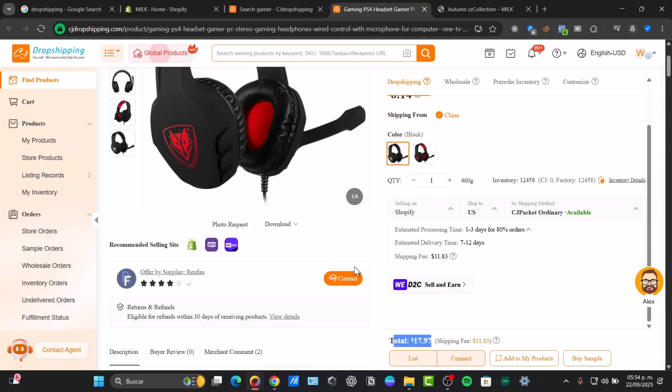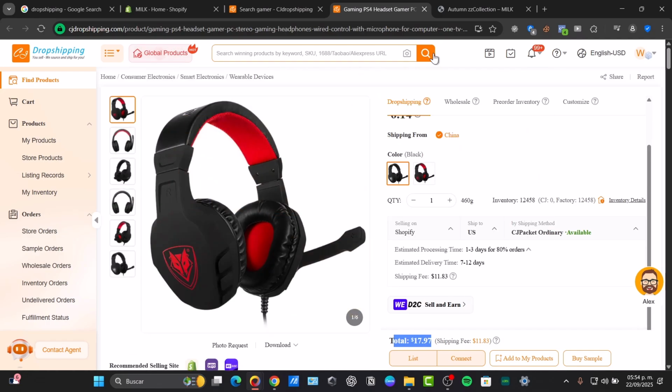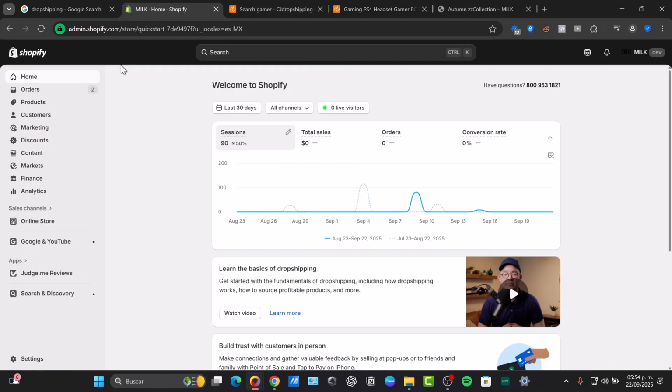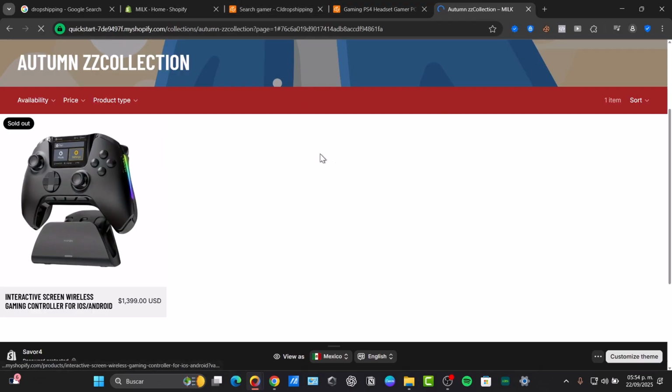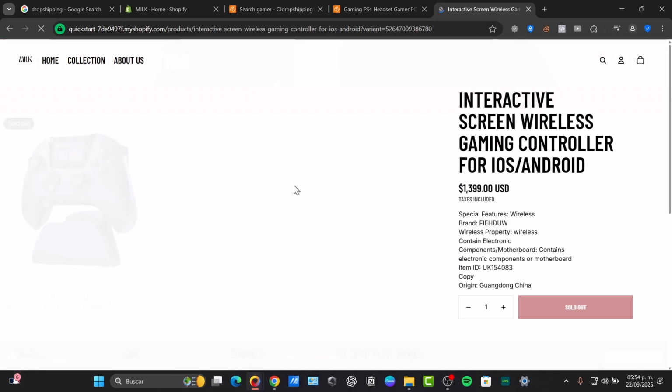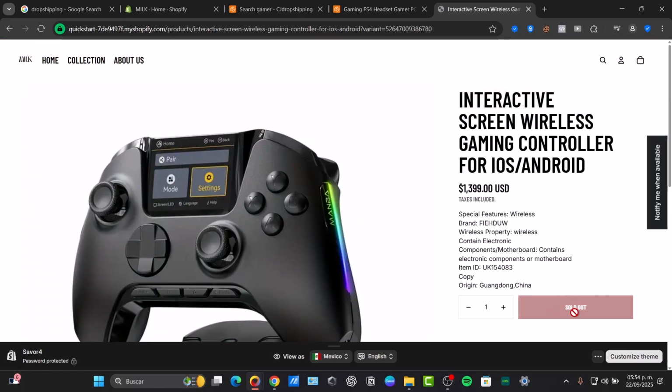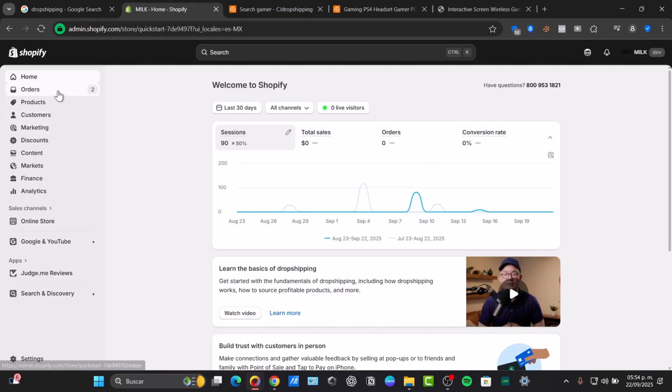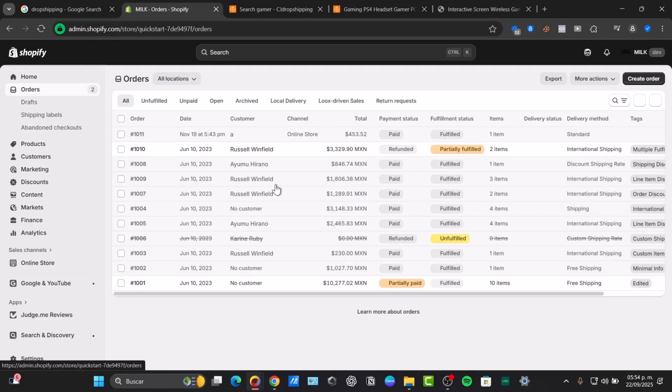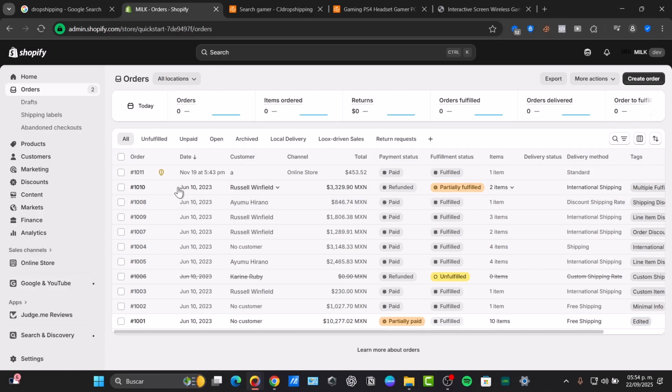Step number 3 is the supplier's role in the process. When the supplier receives your order and the payment, let's say, for example, that I list this specific product in my store, and somebody goes to my website, selects a product, and makes the purchase. When they hit the purchase option, back in Shopify it should appear in the section that says orders, and here should appear the actual order.